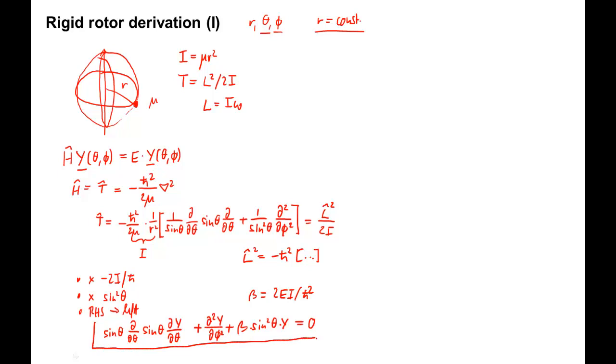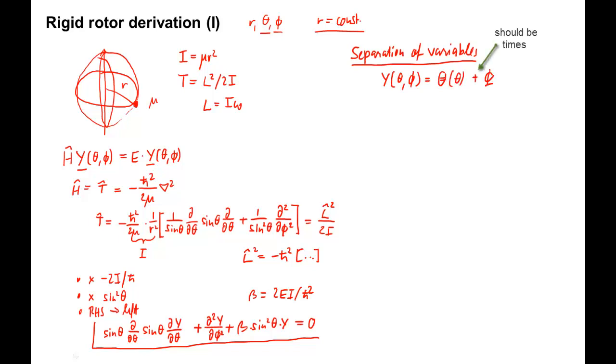Now this is a partial differential equation with two variables, theta and phi. To solve it, we can try the standard approach, separation of variables. We make the ansatz uppercase Y of theta and phi equals uppercase Theta of theta times uppercase Phi of phi, where uppercase Theta and uppercase Phi are the functions to be determined.